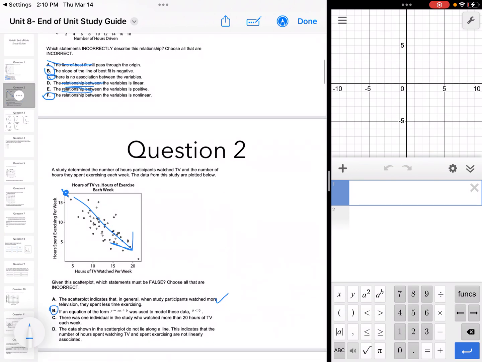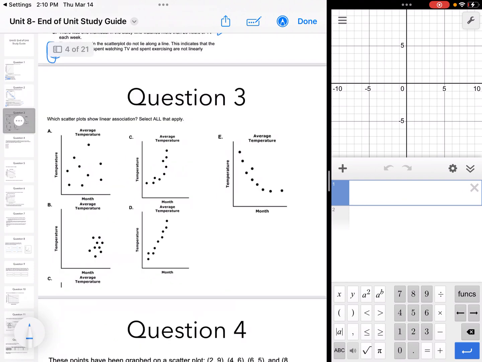If there is one individual in the study who has watched more than 20 hours of TV, well, that's true. The data in the scatter plot do not lie on a line. This indicates the number of hours spent watching TV and exercising are not linearly associated. Well, that's not true because I can get a line of best fit. So B and D are the incorrect answers.